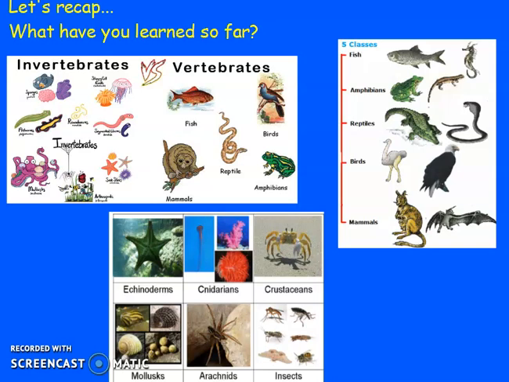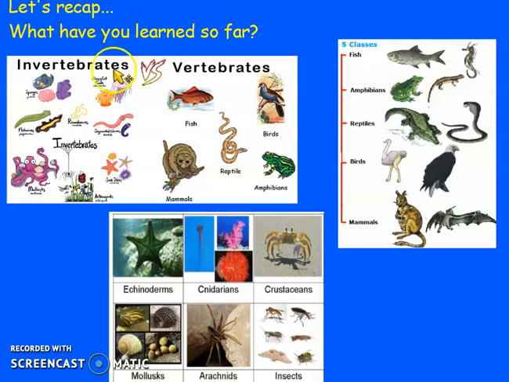We learned about something called classification. Can you remember what that means? Classification is when we group living things based on their features. We talked about how we can group animals into vertebrates and invertebrates, animals with a backbone and animals without a backbone.